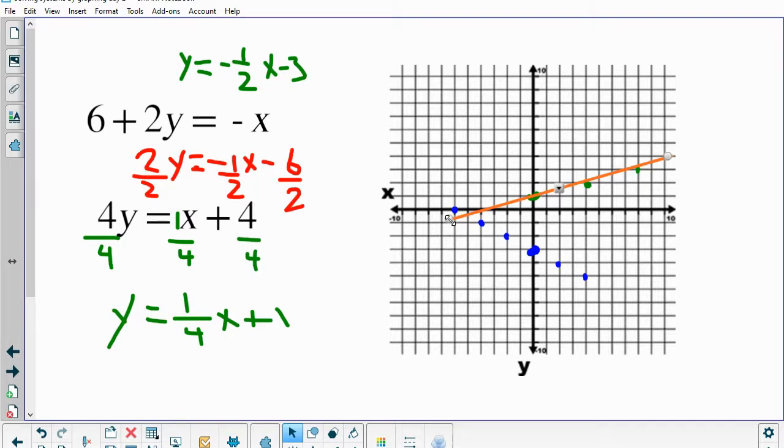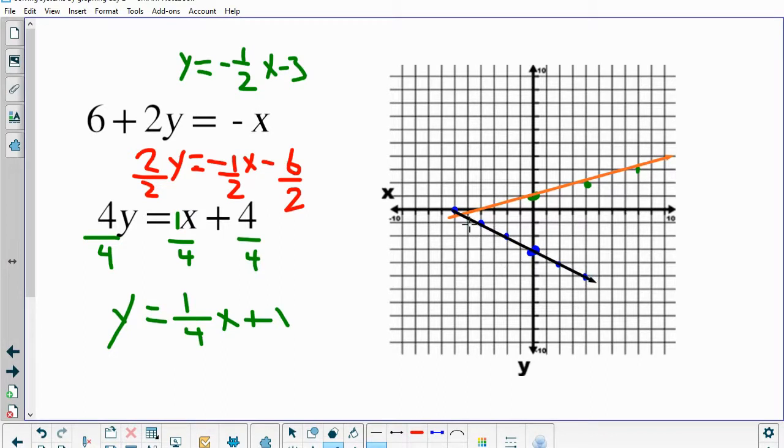We've got a slope on this one of down 1 over 2, and this one's got a slope of up 1 over 4. That's our problem right there. Now let's get a line tool on that last one to see if that will help, because if you don't have a nice accurate line, sometimes it's hard to tell.